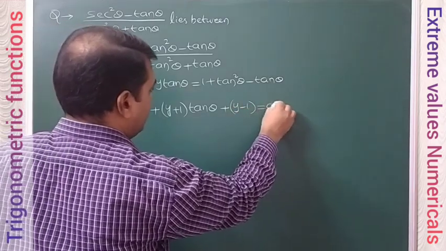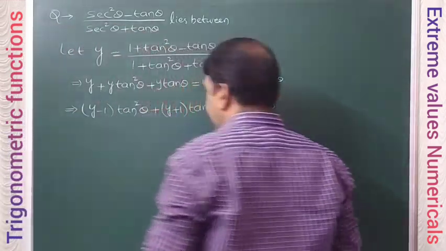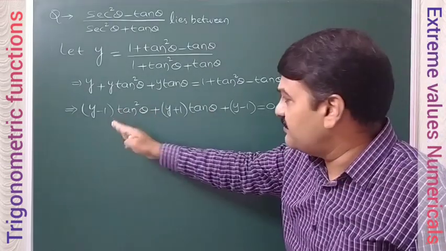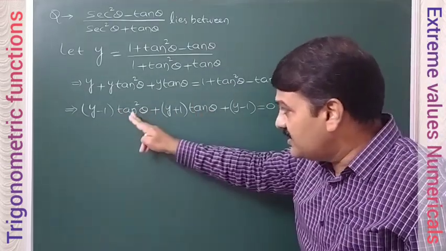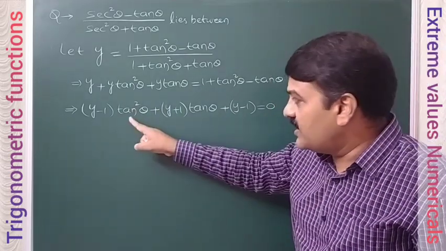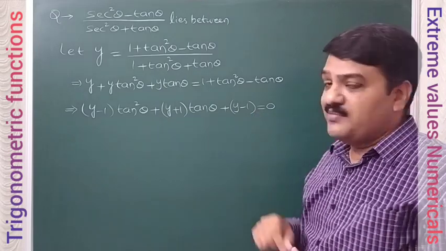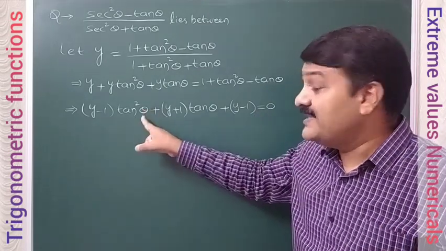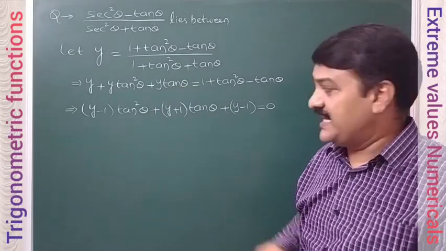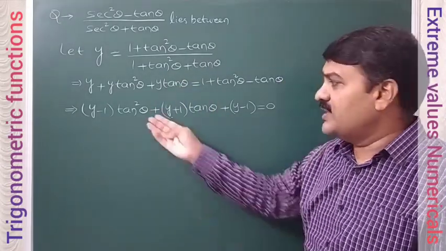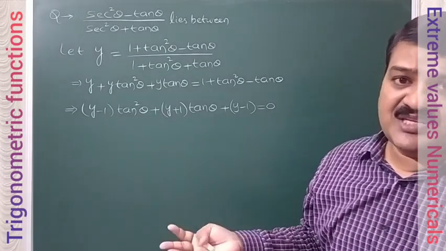So now this is clearly a quadratic equation in terms of tan theta. It is like the ax square plus bx plus c model. Tan theta is the variable here. So this is quadratic in terms of tan theta, which means the roots will be tan theta values. Now what is tan theta? Tan theta is always real.